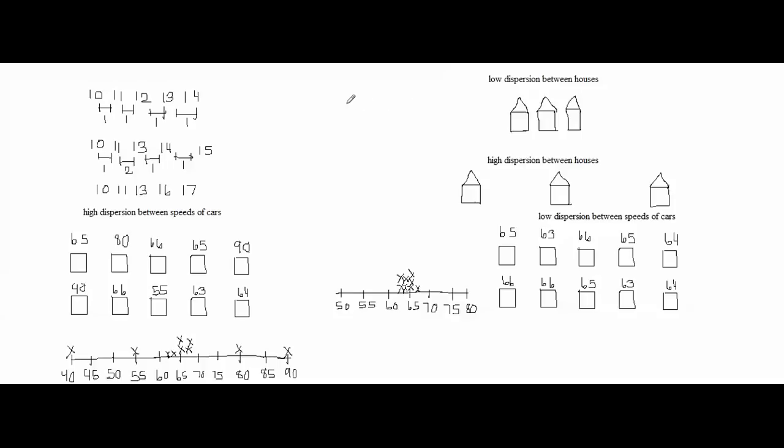In order for the principal to know how much spread there is between the students' final exam scores, I would have to calculate a measure of dispersion and give it to the principal along with the mean. Now let's talk about how to calculate measures of dispersion with a set of data.